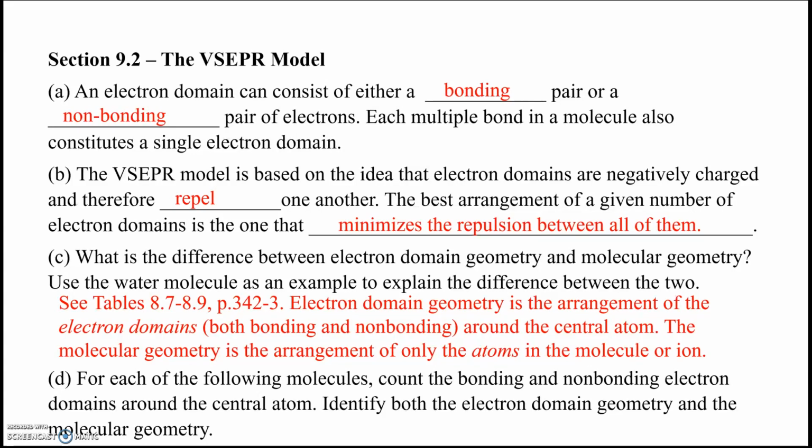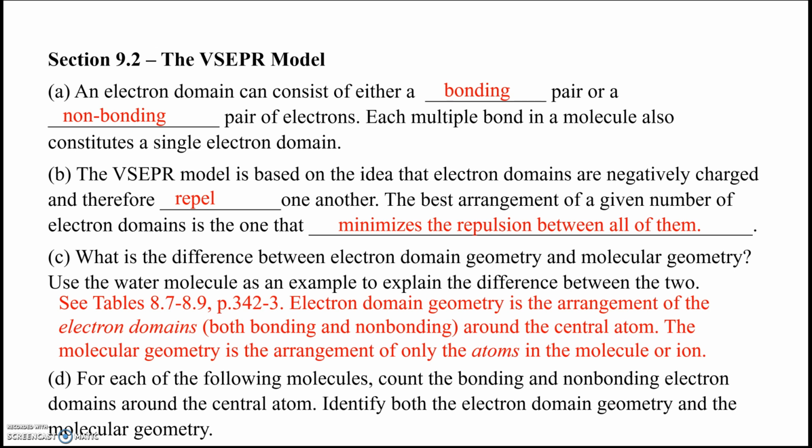The domain geometry is the arrangement of the electron domains, both bonding and non-bonding, around the central atom. The molecular geometry, on the other hand, is the arrangement of only the atoms. Never mind the domains. We want to look at just the atoms. What shape do they give?